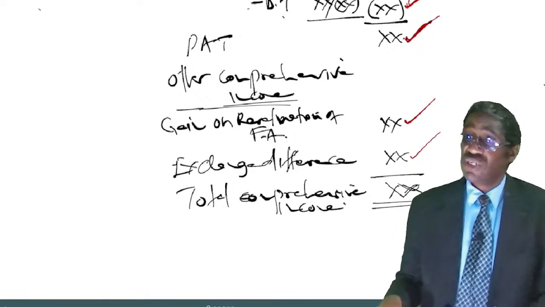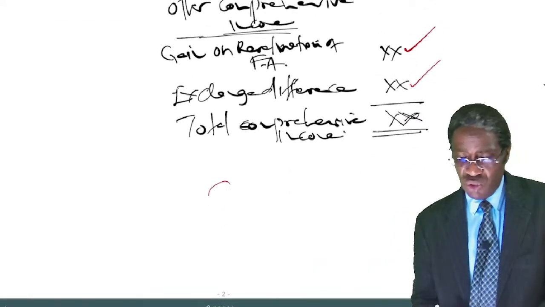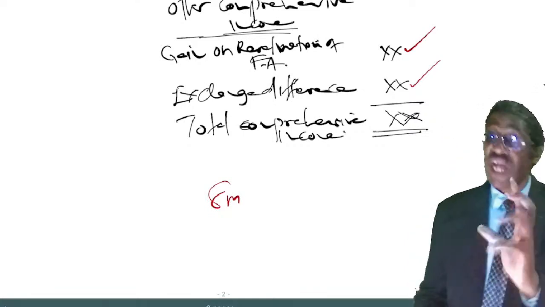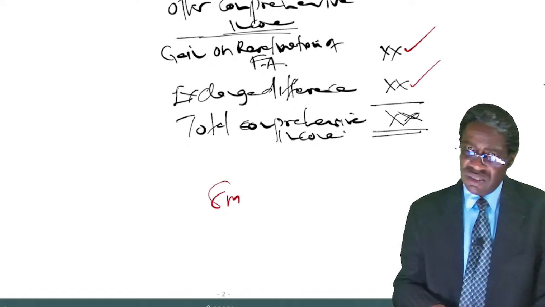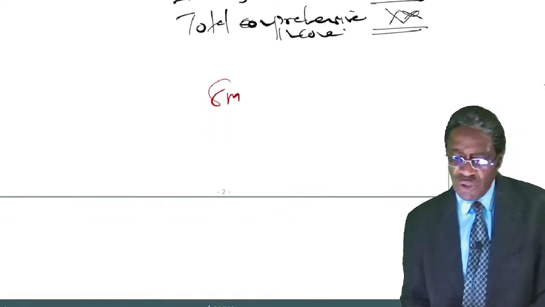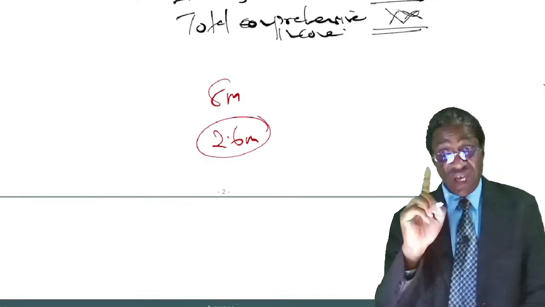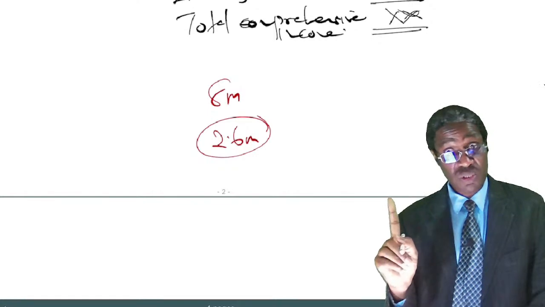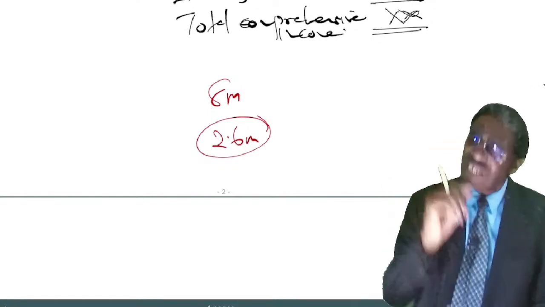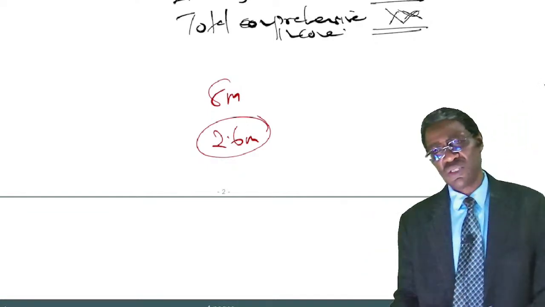And so the question is saying, listen carefully now, during the year, you sold goods worth 8 million on that basis. Come the end of the year, 2.6 million of them are still with your customers that you sold to. And they have a right to either return the goods or keep the goods at the end of the year.